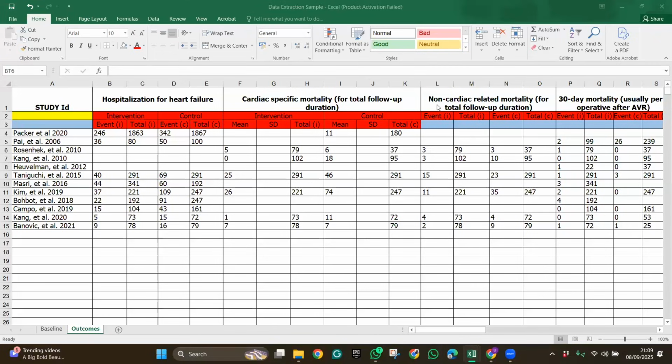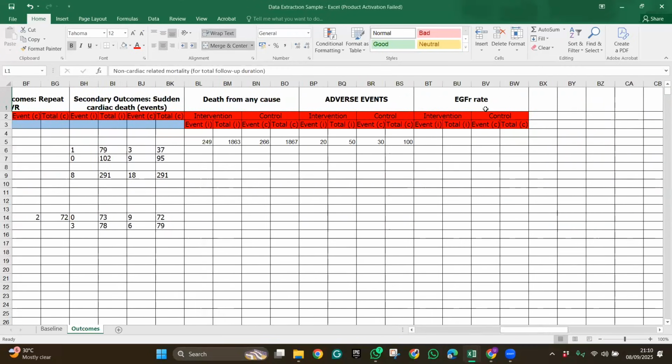You're not going to write that as a collective under adverse events. Let's say constipation or vomiting or whatever the adverse events are, if they are reported by more than 3 studies, then you're going to make a separate column for that. You're not going to report that under adverse events.